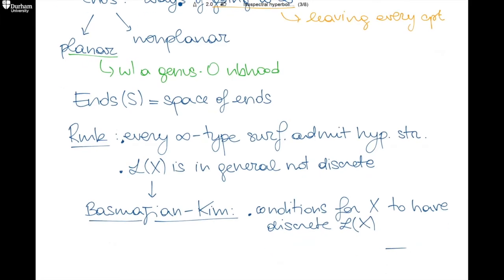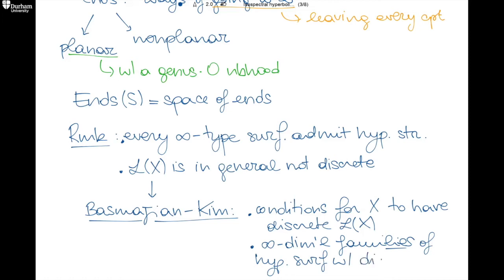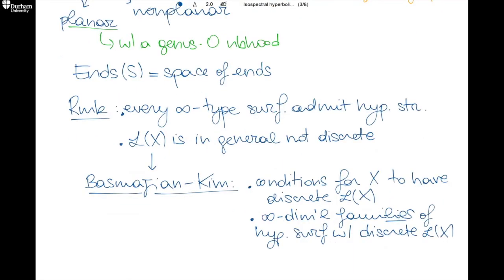And using this, they can construct large families of surfaces, either with discrete length spectrum or all with non-discrete length spectrum. So infinite dimensional families of hyperbolic surfaces with discrete length spectrum, or also all with non-discrete length spectrum.